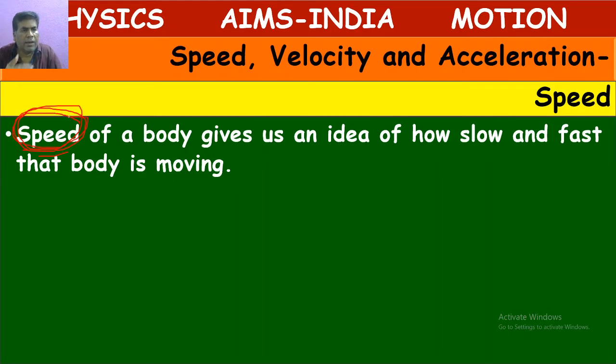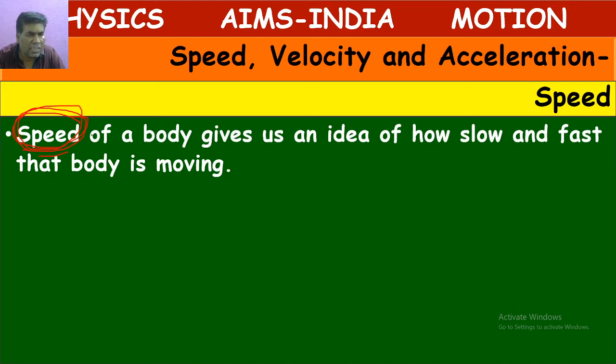Sometimes we say the wind is coming with very great speed. Or if you are going on a bike, what will your parent tell? Don't drive with more speed. An accident may happen. Like that he will warn us.